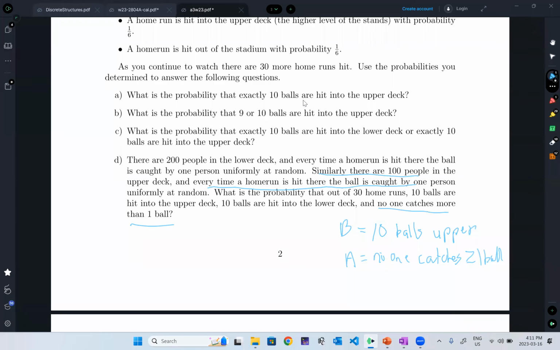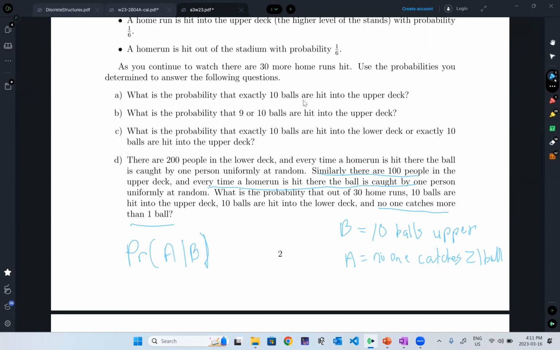So for this event B, if I look at that probability space, everything in that event has uniform probability, which means that if I asked for the probability of A given B, then I can compute that using this uniform probability, right?